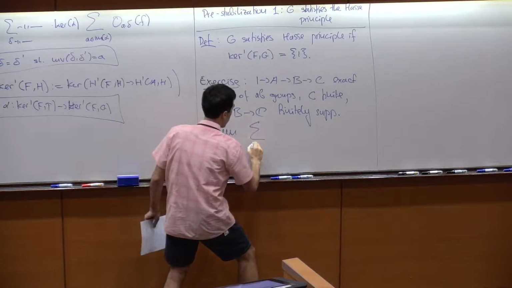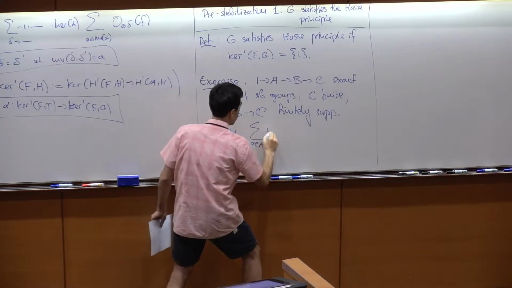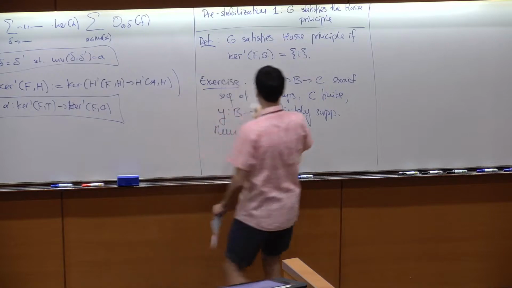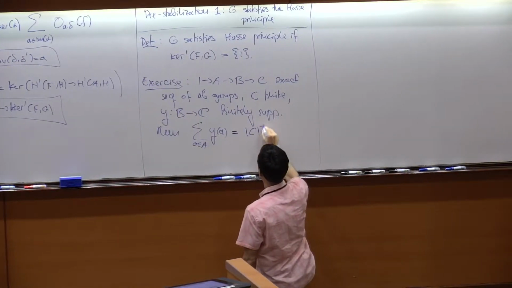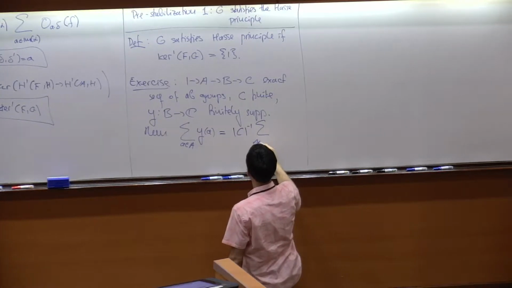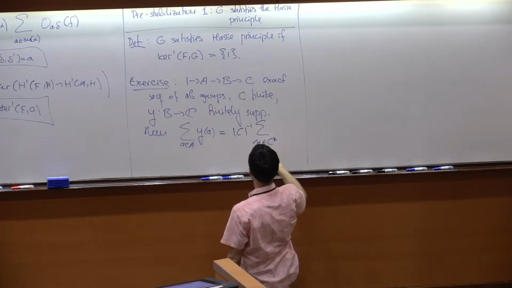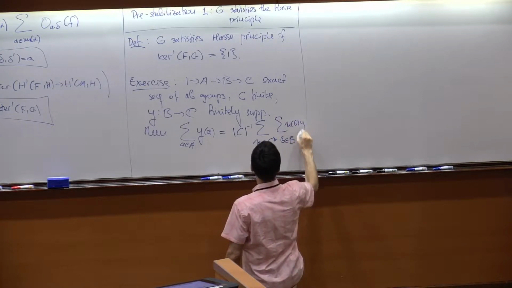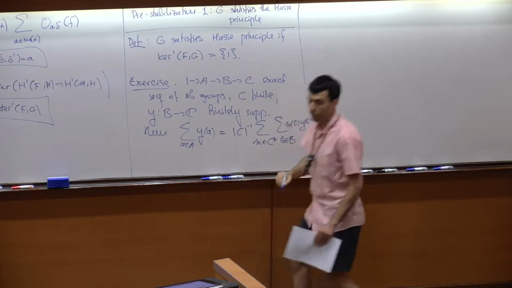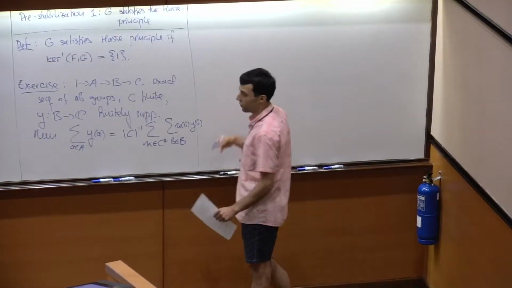Then the sum of the values of this function over the group A is the same as the following sum, where you're first summing over characters kappa of the finite group C, and then you're summing over all b in B, kappa of b, y of b. Okay, so that's a simple exercise for you.